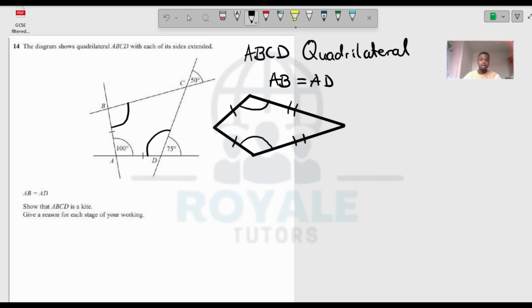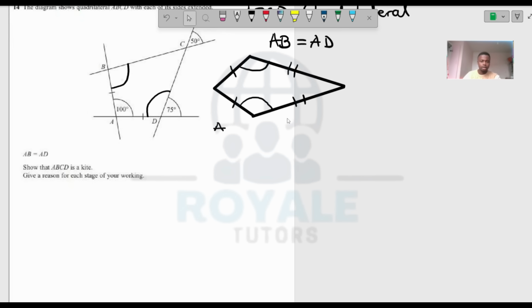All right, we can find angle D. Let's start from there. Angle ADC plus 75 degrees is equal to 180 degrees. It is important that you put the reason for this, which is angles on a straight line add up to 180 degrees.